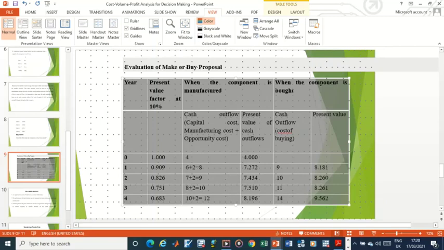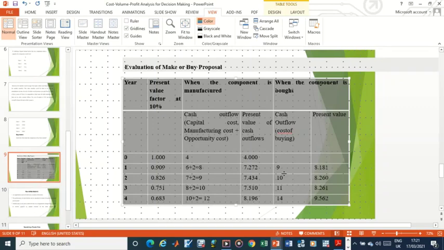So with that, we have been able to determine the PV for the products for 4 years. We have been able to determine the present value when we are buying the components or when we choose to manufacture the components.